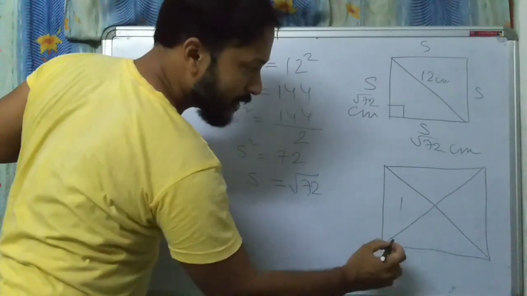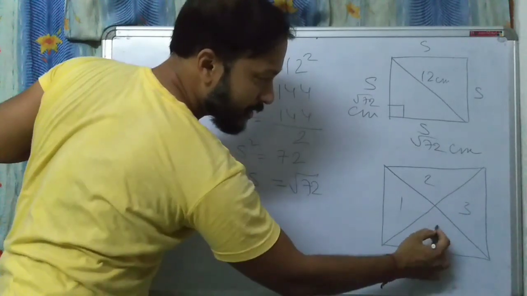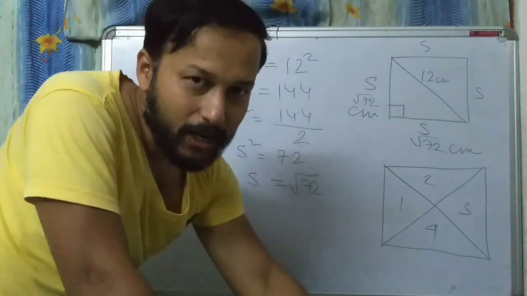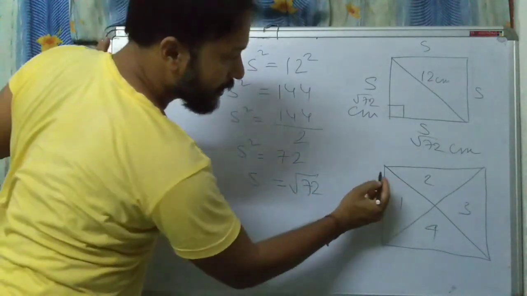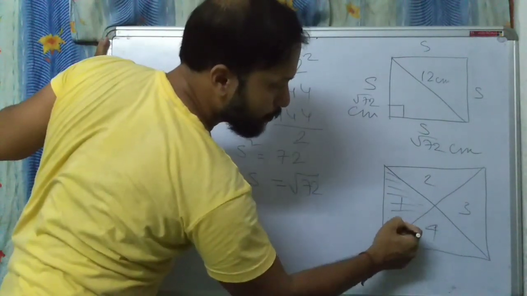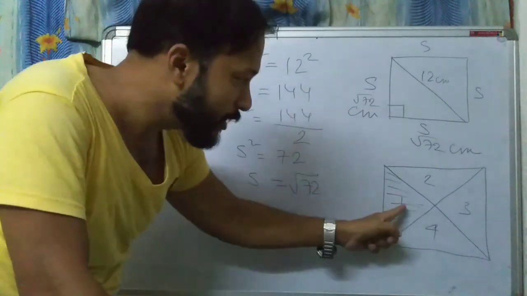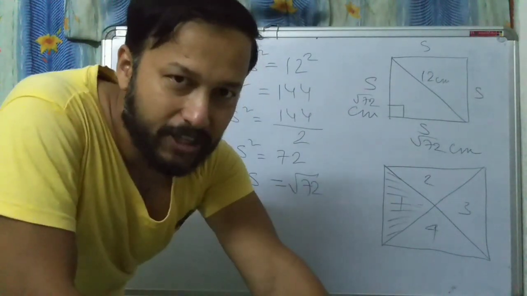This is one part, this is second part, this is third part, this is fourth part. Okay. So can we find the area of one part? Say we are finding the area of this portion. Only this portion's area we'll find.